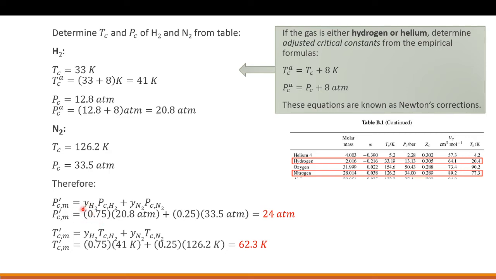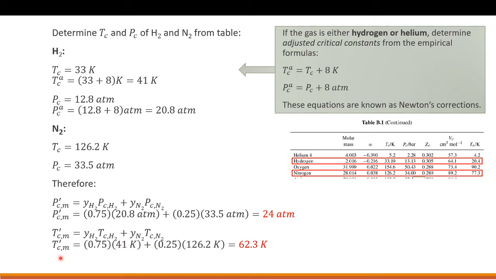The fraction of hydrogen is 0.75, the critical pressure of hydrogen is 20.8 atm, the fraction of nitrogen is 0.25, and the critical pressure of nitrogen, as we have found, is 33.5 atm, which gives us 24 atm.